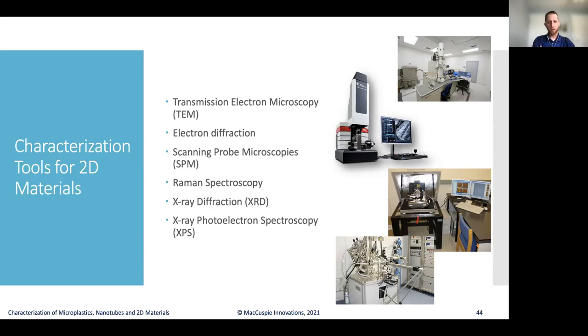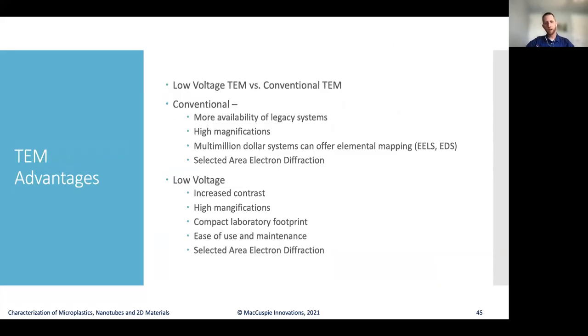Scanning probe microscopies are used, Raman spectroscopy, X-ray diffraction, X-ray photoelectron spectroscopy, a wide range of tools are used to characterize these materials. TEM, obviously, has the advantage of images for the morphology, but it also includes some advantages with both conventional and low voltage.